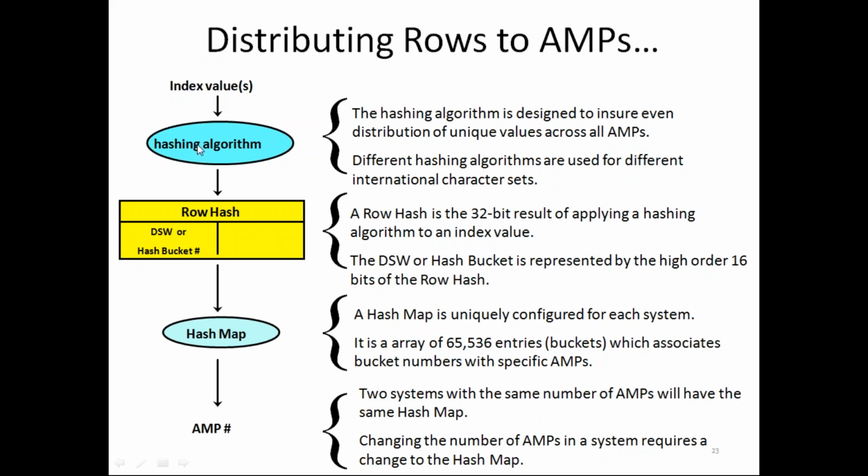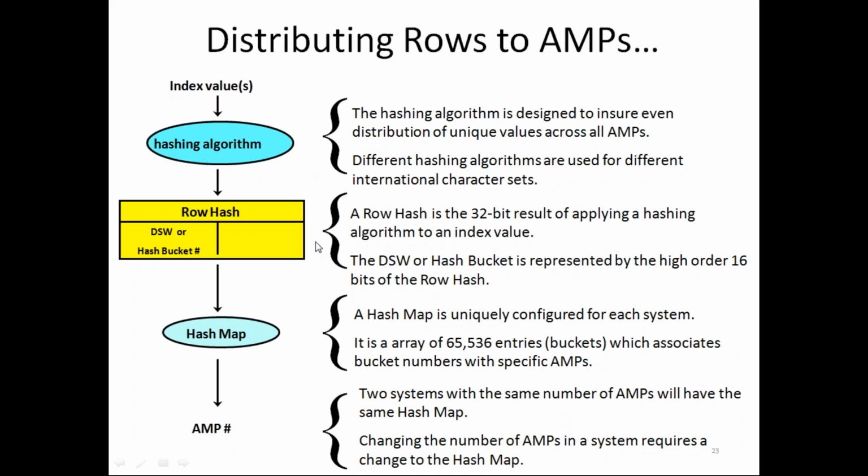So this is the entire flow when we insert rows into a Teradata table. Each index value is hashed, a row hash value is generated, the hash bucket numbers are used to look up the hash map tables, and the hash map tables determine the AMP numbers in which the row has to be stored.